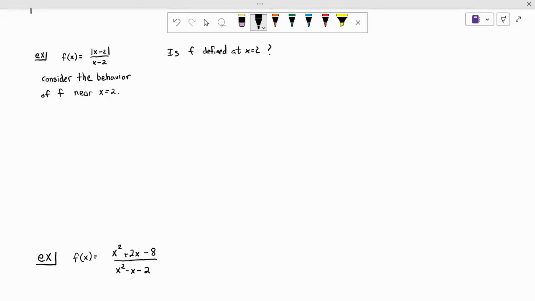Why not? Well, of course, the denominator, if x is 2, you'd be dividing by 0, so no. Is this okay? To further investigate behavior, we might start taking limits, but rather than finding the limit as x approaches 2, let's take the limit as x approaches 2 from the left. So we're going to investigate the left side of the limit.